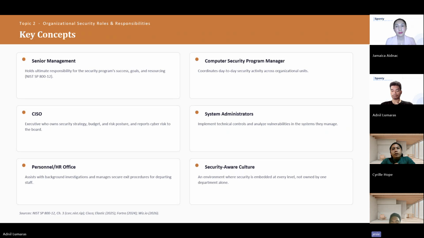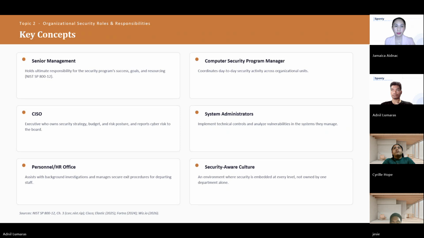So the second is a closer look at the CISO role. Because the CISO role comes up in the wider literature, it is worth spending a moment on what the job actually involves. Industry guidance describes CISO responsibilities as being strategy, operations, governance, and communication.